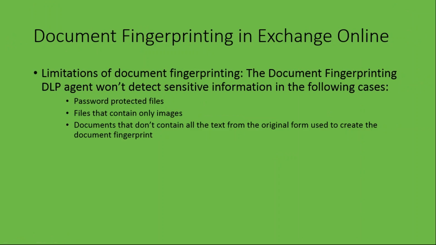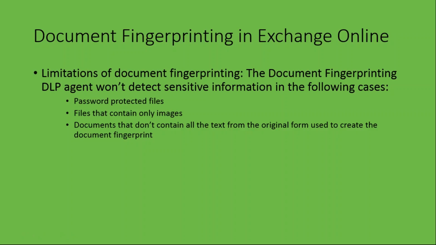Now there are some limitations in the document fingerprinting policy of Exchange Online. The first limitation is that if a person attaches a file in the email and that file is password protected, then the policy cannot read the text of that attachment, and hence cannot know whether this document is stored in my policy.